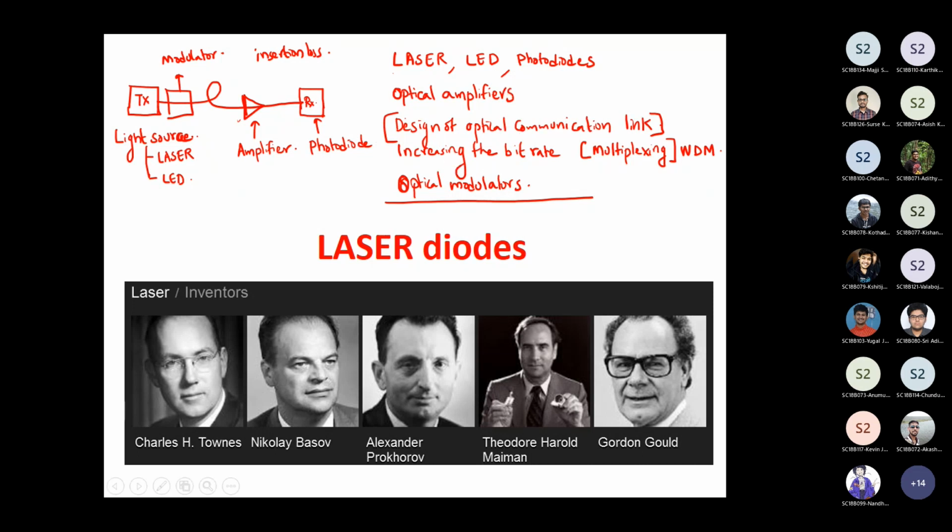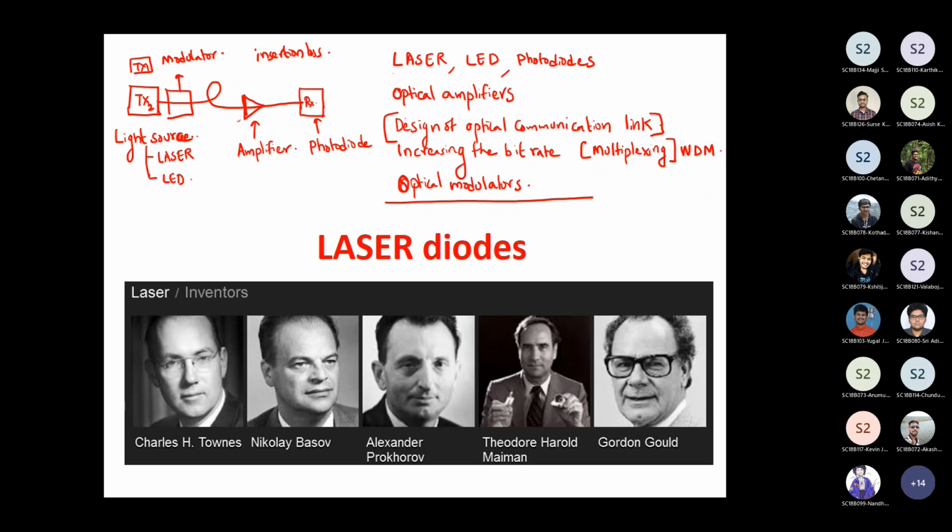Suppose there are a lot of users, not just one receiver, but thousands of users trying to access the data. Probably just one transmitter is not enough. Probably one fiber is okay, but you will have to use multiple transmitters: transmitter 1, transmitter 2, and so on, a series of transmitters.